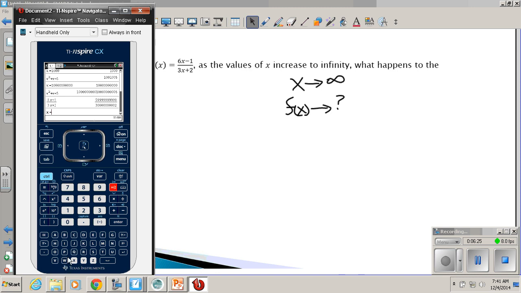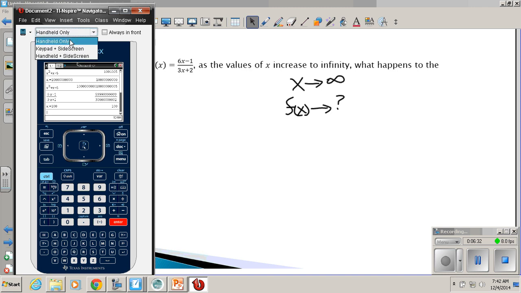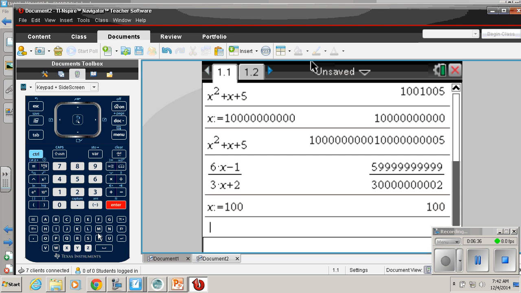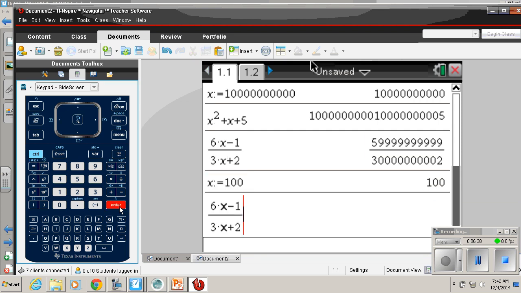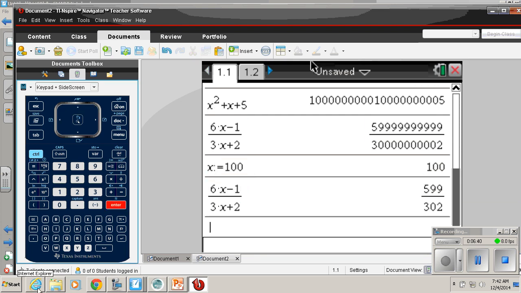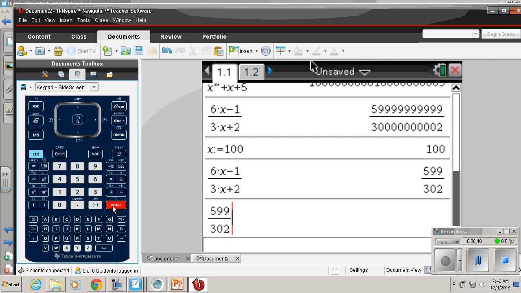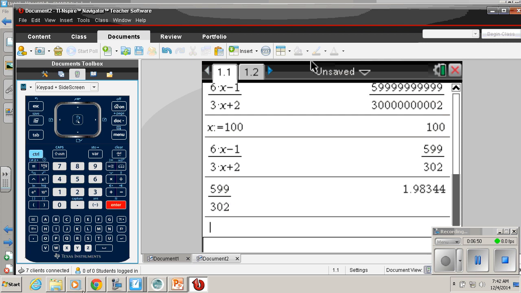We'll set x equal to 100. Let's see what happens. So if x is 100, it approaches 599 over 302. Now this is going to be difficult because you don't really know what that is as a decimal. So we're going to hit Control Enter. So we'll put that in there, hit Control Enter. So 1.98344.